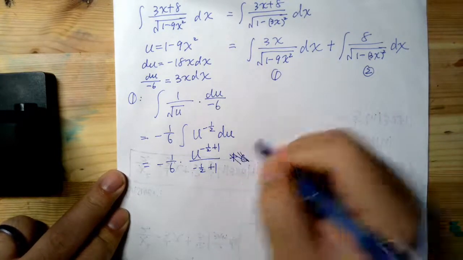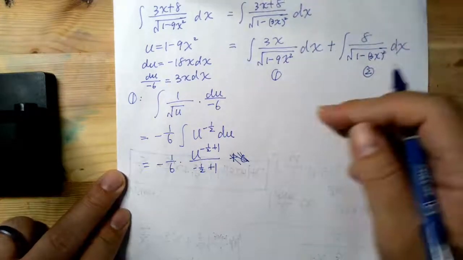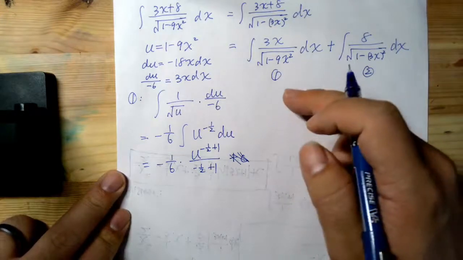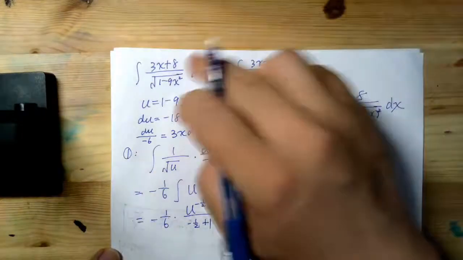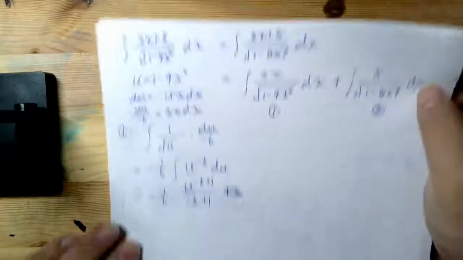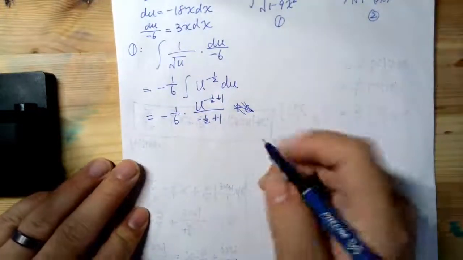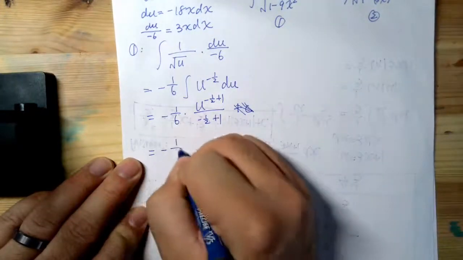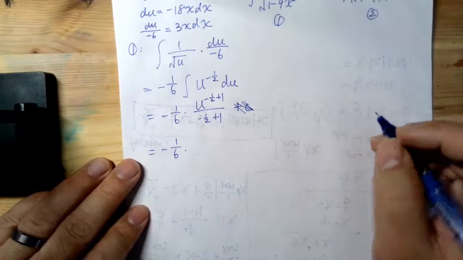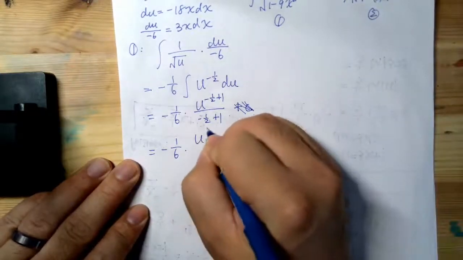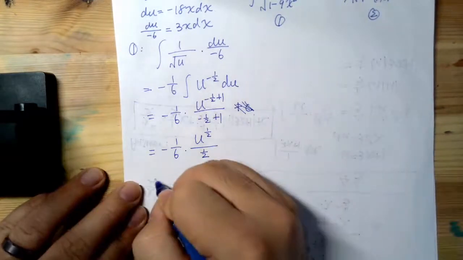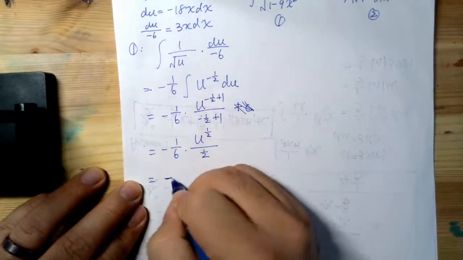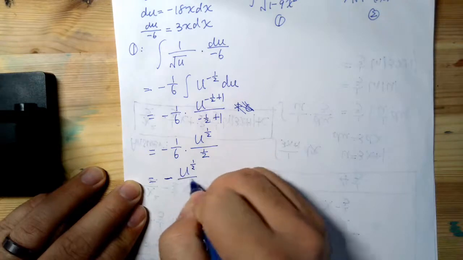However, I did not write this constant c because at the very end, I'm going to add the result from 1 and 2 and then present it as the final result for our problem. So, negative 1 over 6 times u to the power half over half, right? If you multiply it, you're going to have negative u to the power half over 3.